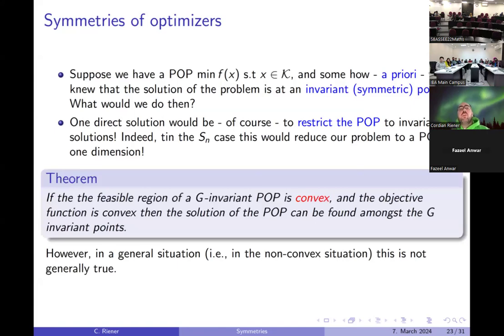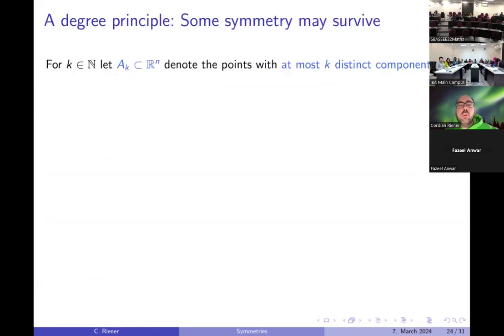One example where this happens is if I have a convex optimization problem. If the objective function is convex and the feasible region is convex, then by just averaging in the same way that we did with the Reynolds operator, we know that there will always be an invariant solution. So this will drastically simplify things. However, convex optimization problems are normally already easier, so maybe they are not the interesting things to look at.